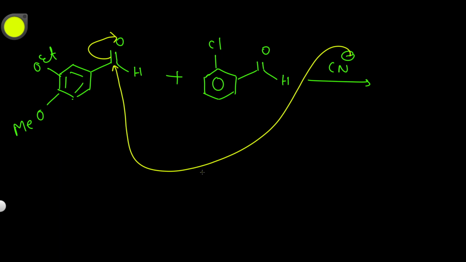Why, again, will this Cl minus attack on this position? Because here is also an electron donating group.